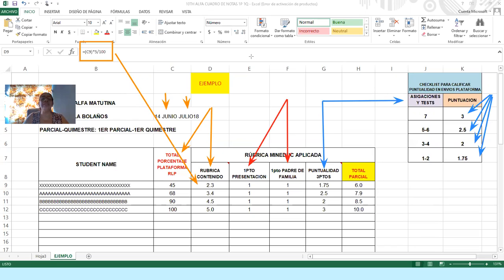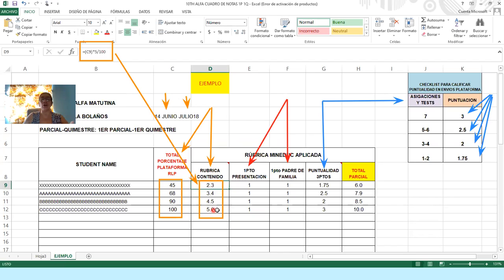El valor que usted tiene dentro de la plataforma se lo multiplica por 5 porque son los 5 puntos de la rúbrica por contenido y se lo divide para 100, y eso es lo que le va a dar el valor sobre 5, me corrijo, sobre 5. Es decir, si tiene 45, le sale 2,3. 68, 3,4. Si tiene 90, 4,5. Y si tiene todo bien hecho, 100, le va a dar 5. 5 es el tope en esta columna.